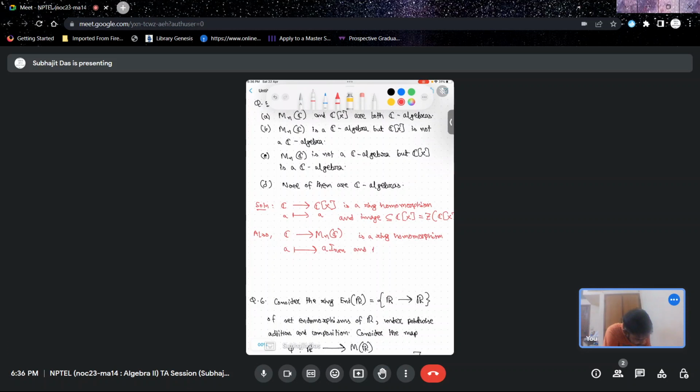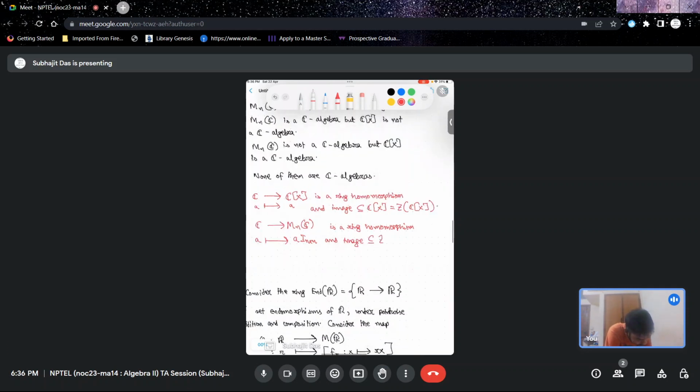And the image of this arrow is again contained in the center of M_n(C). You know that scalar matrices commute with every matrix, right?